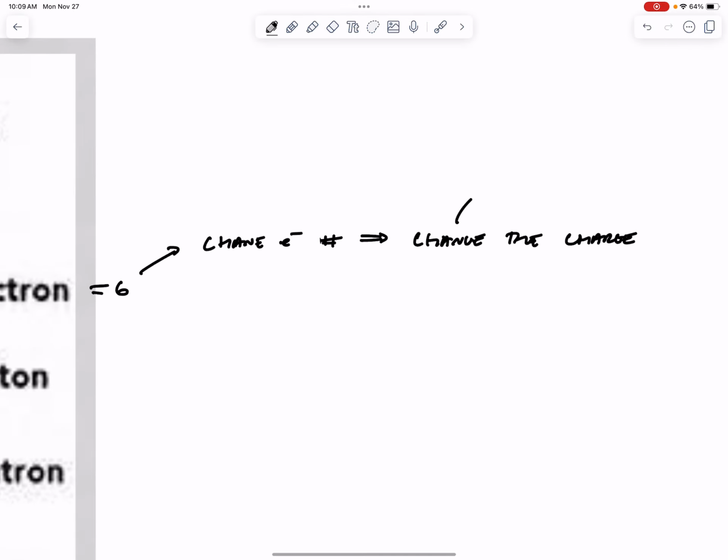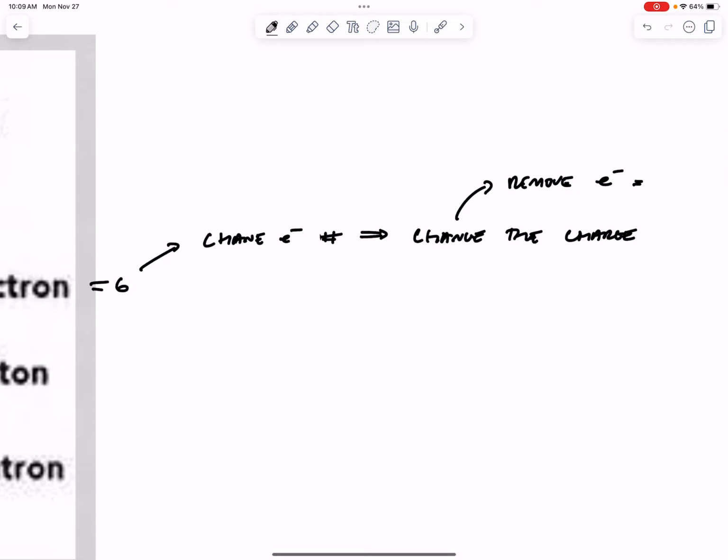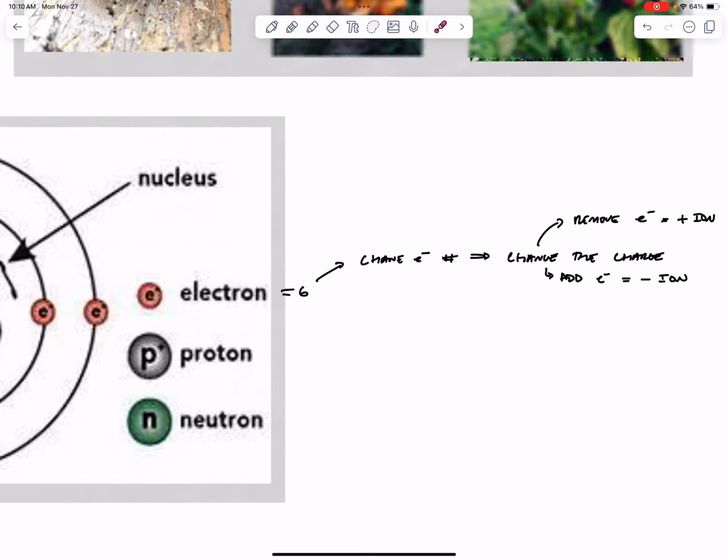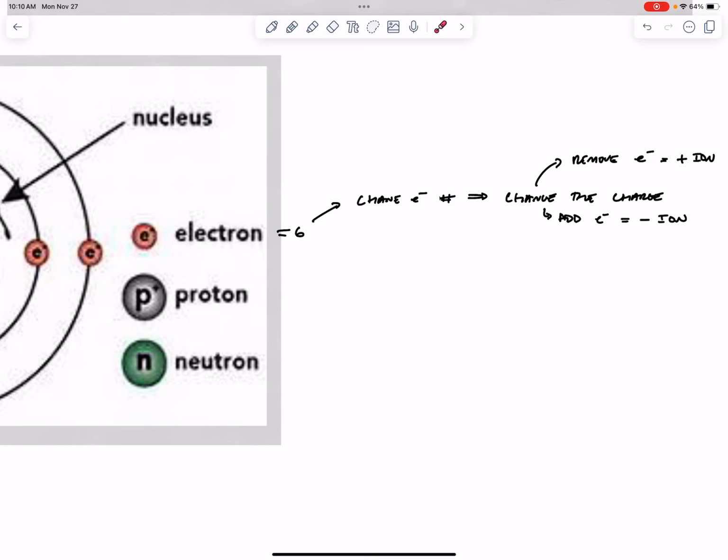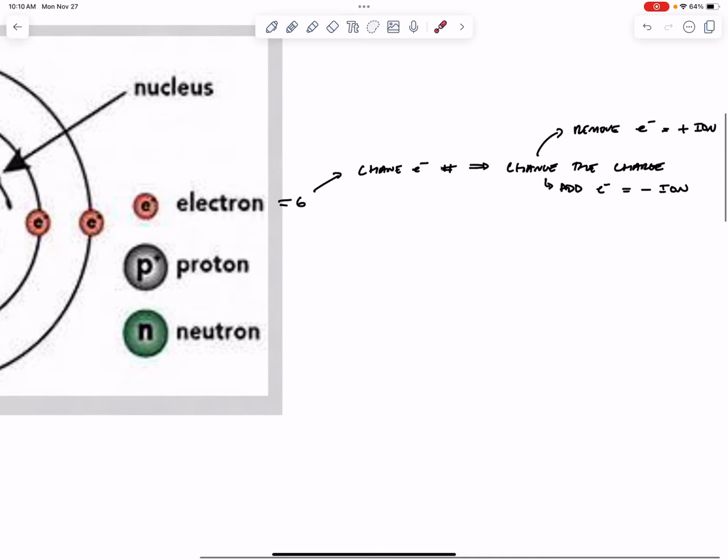So if you remove an electron, you're going to end up with a positive ion. And if you add an electron, you are going to end up with a negative ion. And an ion is just a fancy way of saying a charged atom. So changing the electron number changes the charge.